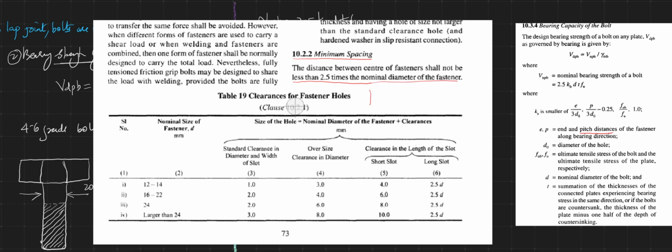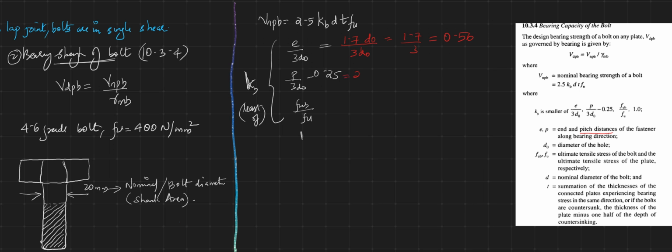So I could write the pitch p is equal to 2.5 d, where d is the nominal diameter and d naught is the hole diameter. The minimum pitch is 2.5 d, so I could write this as 2.5 d by 3 d0 minus 0.25, with d as 20 mm and d naught as 20 plus 2, that is 22.